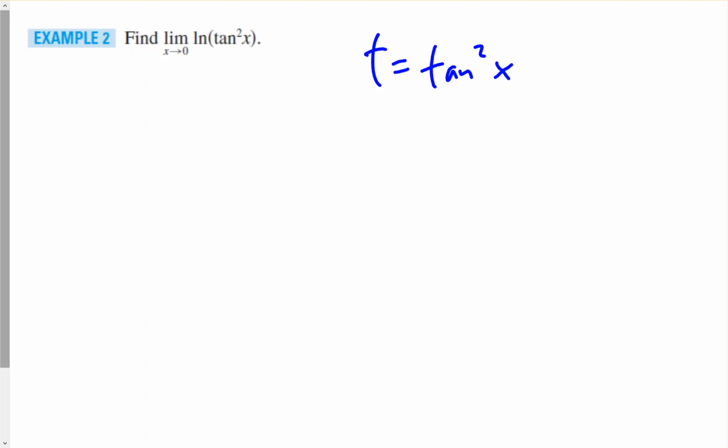Then we would say that t is greater than or equal to 0. And so for this to work, we would say tangent squared, if you plug in 0, you have tangent squared of 0, which is 0.